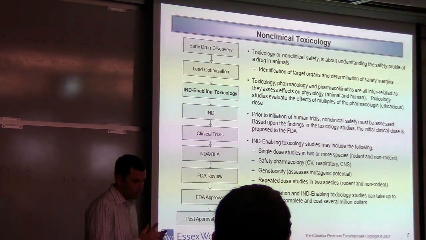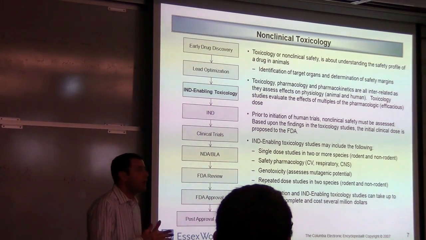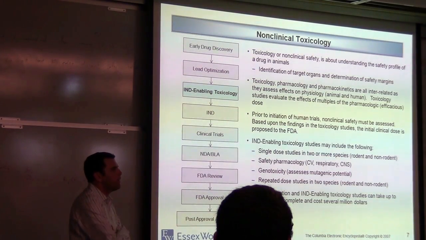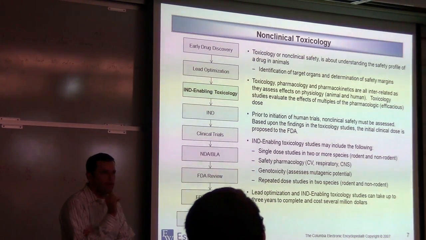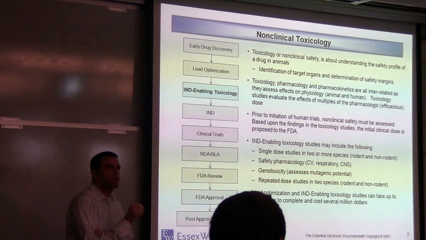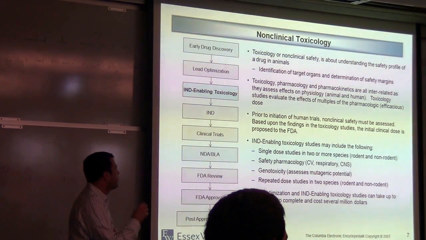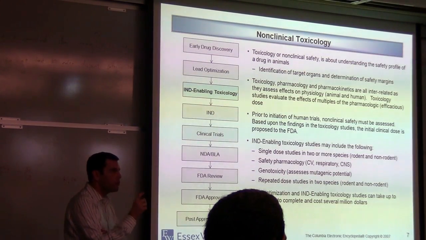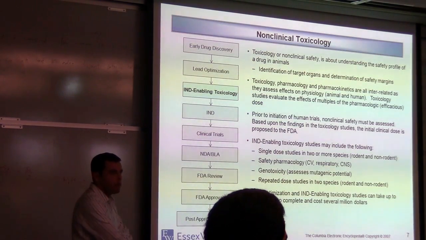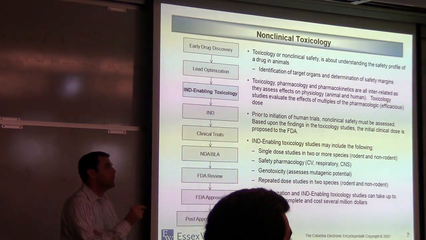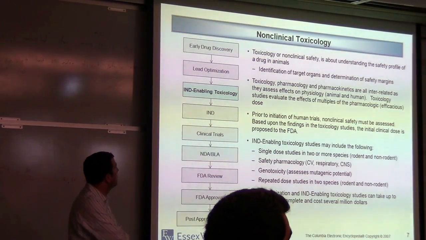And you're looking for toxicology and safety margins. Before you start this, you're going to have some idea of what you think your therapeutic dose in humans is going to be. And you're going to try to bridge that to the animals, and you want to get an idea of how much of a margin you're going to have for that compound. And if you don't have a margin, or that margin is very narrow, it's probably going to kill that compound. You're going to need a big window.